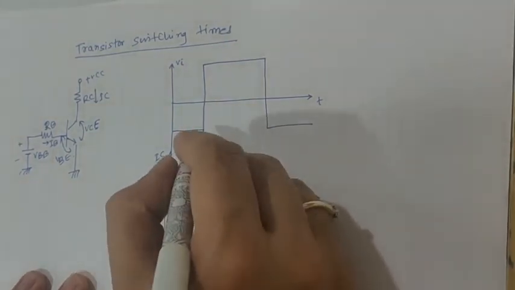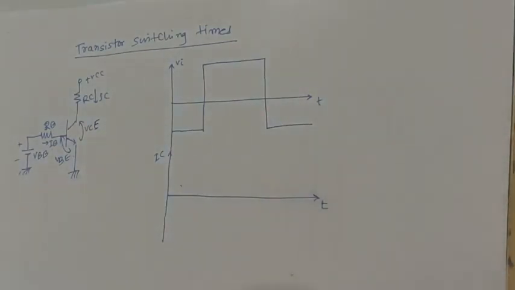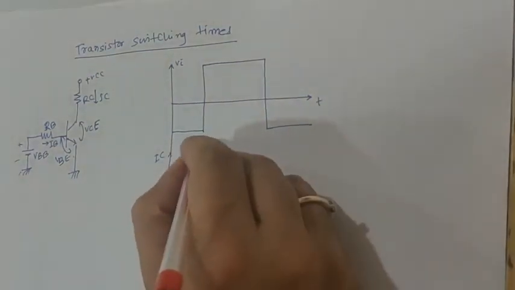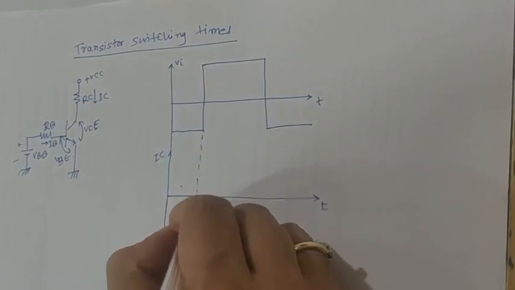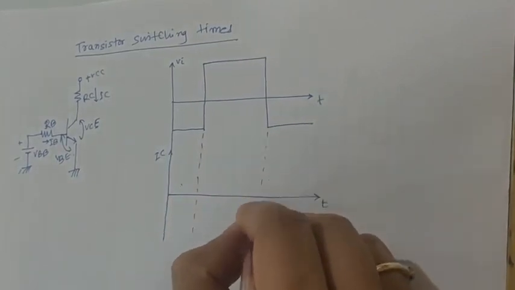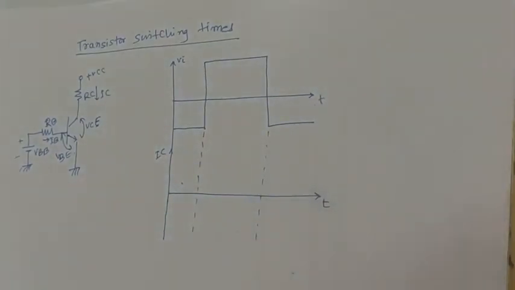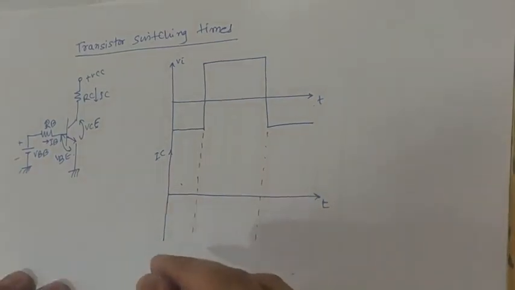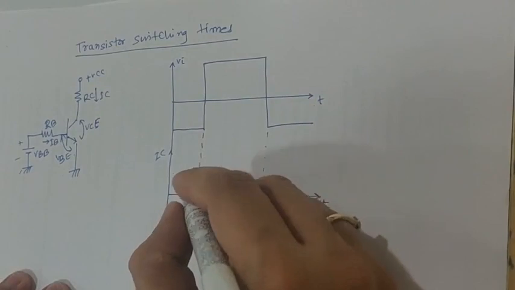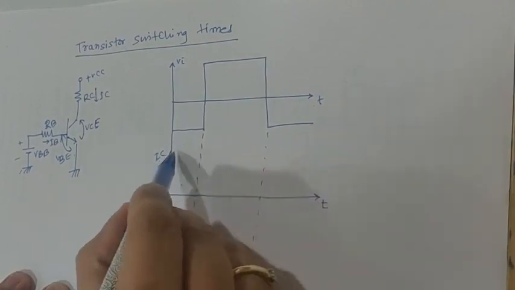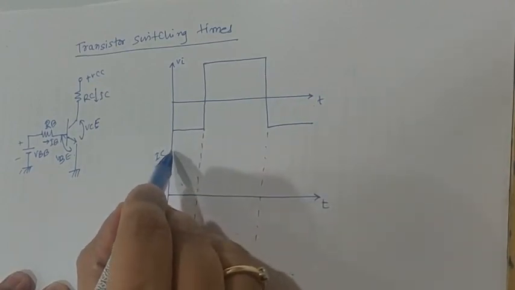Okay, so now we need to draw it. For that purpose I will just take the points down. Now the output waveform that you will be getting, the collector current diagram, will be a bit like this. Okay, so this is your maximum value I am considering.